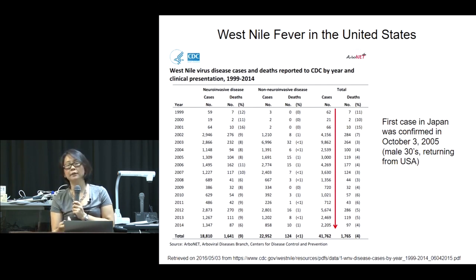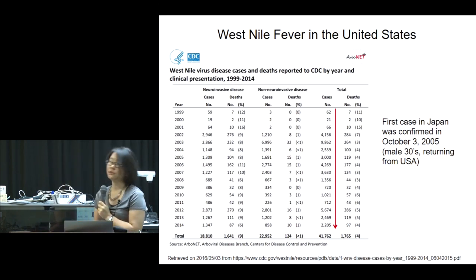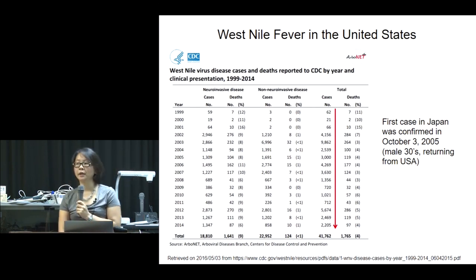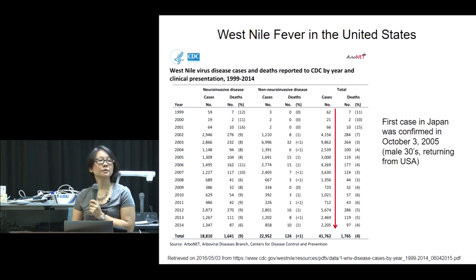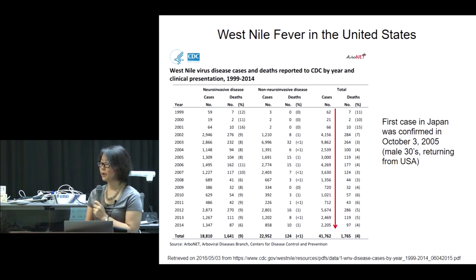In 1999, they reported 62 cases, and by the year 2014, we now have more than 2,000 cases. The first case in Japan was confirmed in October 2005, and it was a male patient in his 30s, and he was returning from the US.